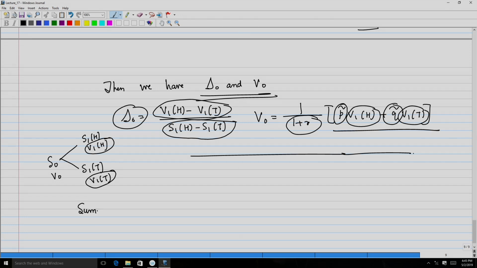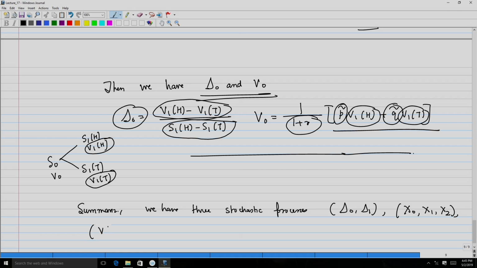Now, summarizing, we have three stochastic processes, namely delta naught and delta 1. So, the evolution of deltas, then the evolution of x, x naught, x 1, x 2, that means the evolution of the replicating portfolio, and correspondingly the evolution of v naught, v 1 and v 2.